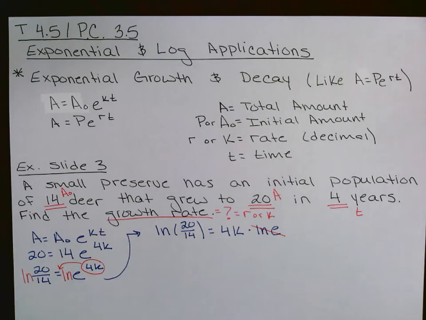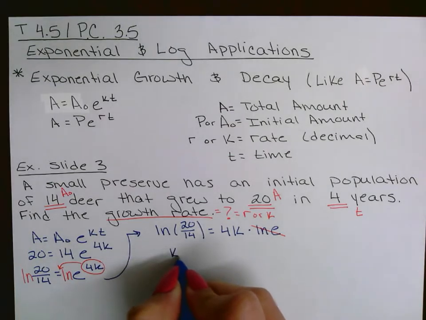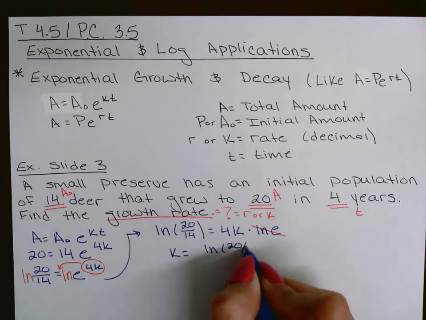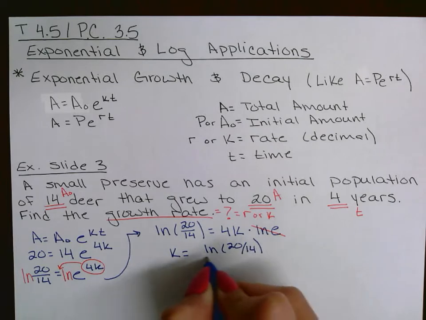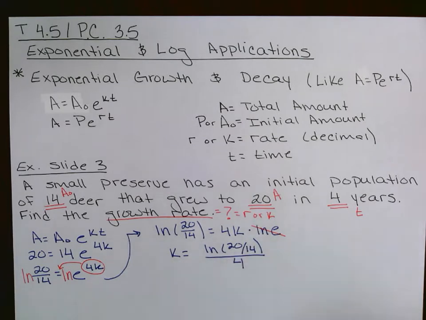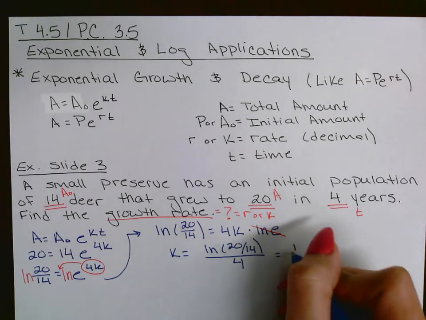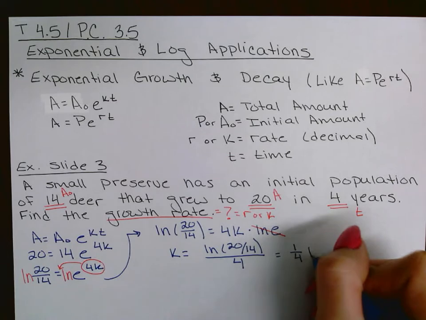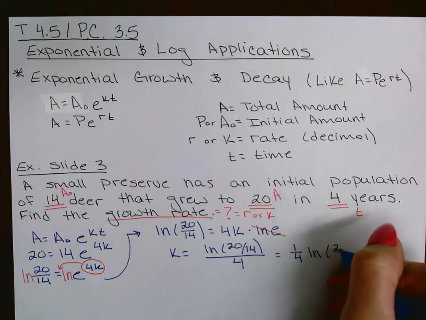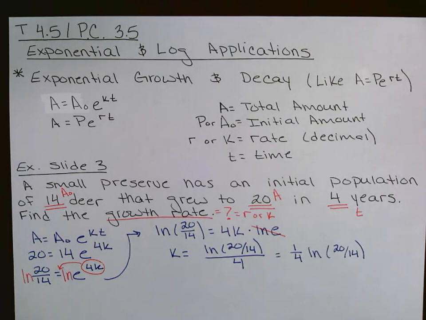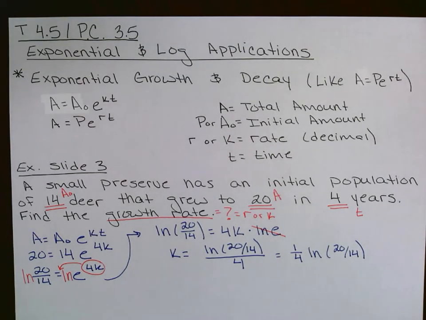And what is my last step to get k by itself? Divide by 4. So I could say k equals ln of 20 over 14, all divided by 4. Okay? If you don't like fractions within fractions, you can also write this as 1/4 of ln of 20 over 14. And at this point, you are going to your calculator to find what that rate is.